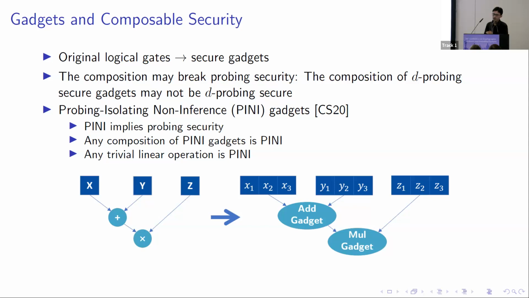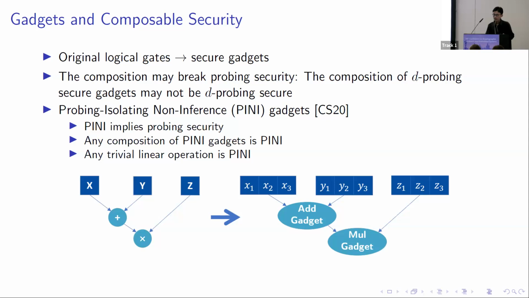So people will naively prove each gadget's security and expect the composition to still be secure. But the composition may often break probing security. The composition of D-probing secure gadgets may not be D-probing secure.